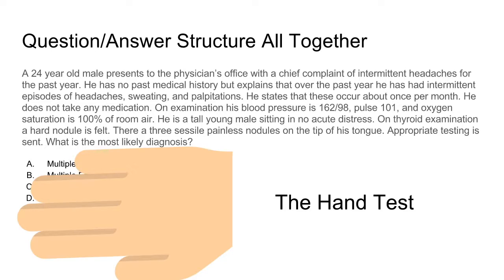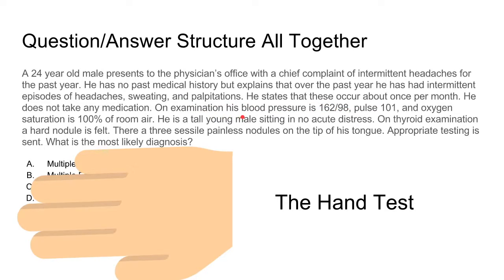And let's talk about the hand test. So the hand test is really, if you write the stem of the question, can you cover up the answer choices and still get the answer without knowing? And the answer for this one is yes, because we know that this patient has headaches, sweating, palpitations. So thinking of sympathetic discharge. He has high blood pressure. He's tachycardic.